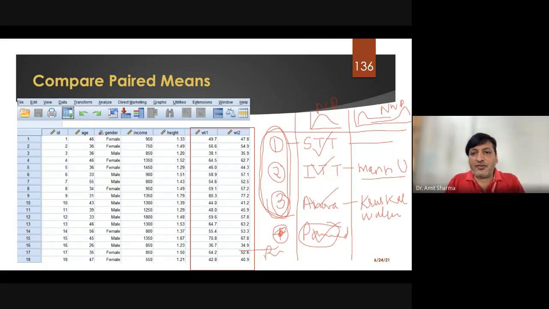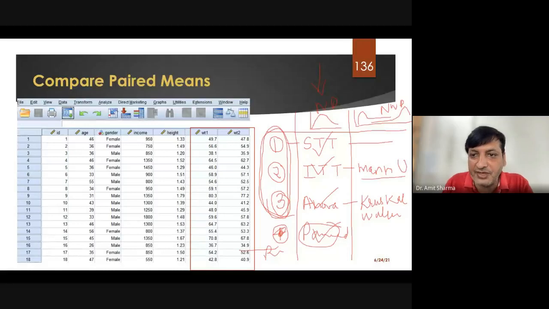So if someone will ask you that your data is not normally distributed and you have two sample to compare, you can go for independent t-test. And if data is not normally distributed, the alternative is Mann-Whitney U. So this side, at this row, you have all parametric tests: student t-test, independent t-test, ANOVA, and paired sample.